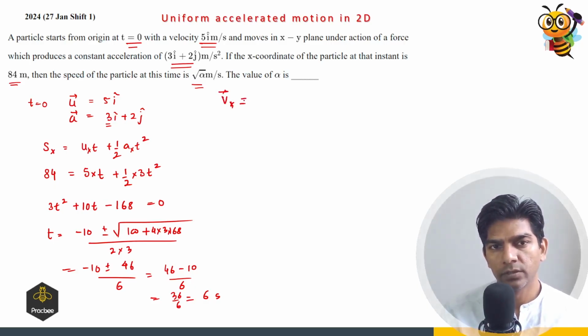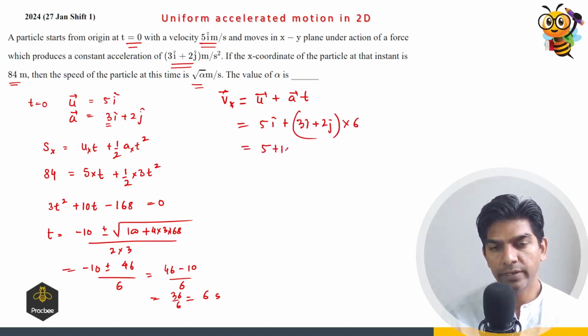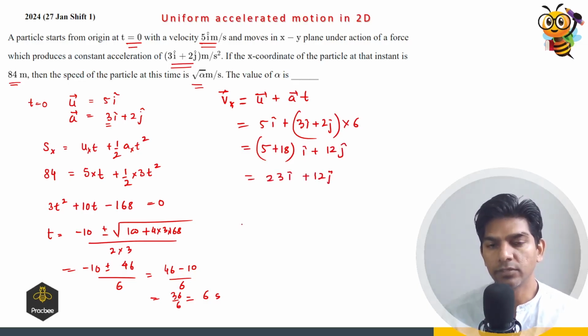So V is equal to U plus AT. So U is 5 i cap, A is 3 i cap plus 2 j cap, and the time is 6 seconds. So that will be 5 plus 18 i cap plus 12 j cap. So that will be 23 i cap plus 12 j cap, and we have to find the speed.